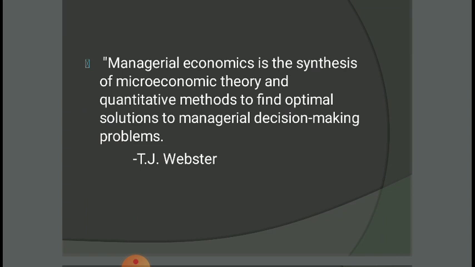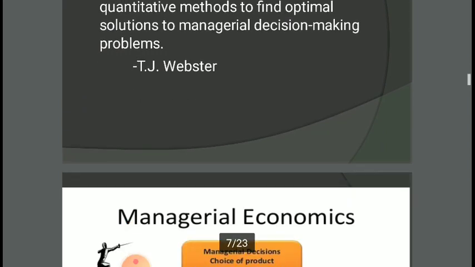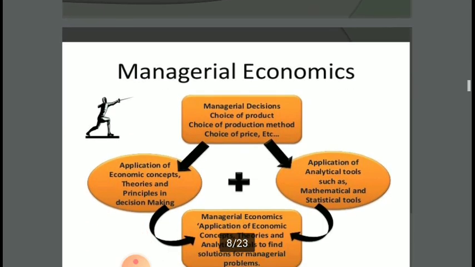See, this definition says that managerial economics is a combination of two subjects, or we can say two disciplines. The first subject is microeconomics and the second subject is quantitative methods. In usual terms, we say it as statistics. With the next diagram, this definition will be understood easily.